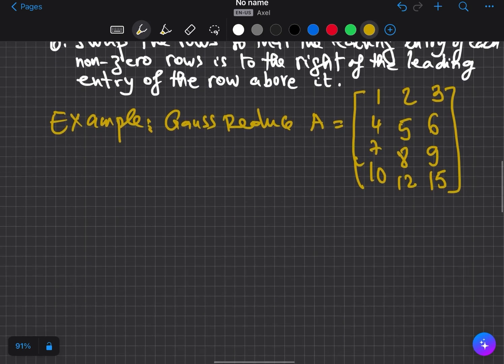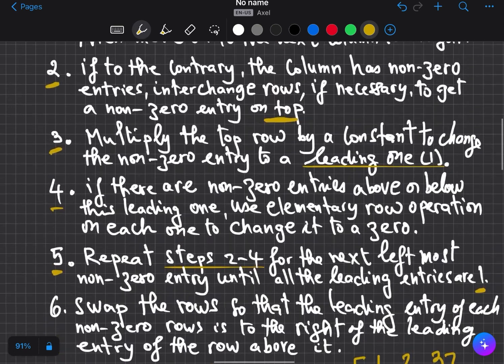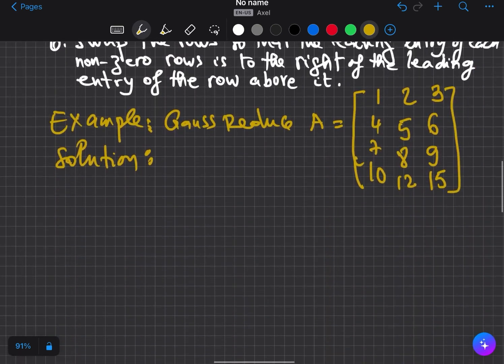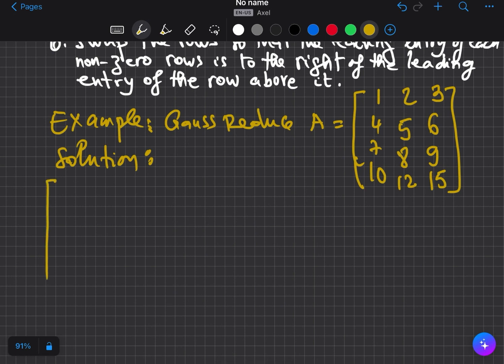As a solution, we need to have a close look at the steps and how to apply them. If I write my matrix here, it is 1, 4, 7, 10, 2, 5, 8, 12, 3, 6, 9, 15. We said that we should start with the first column.